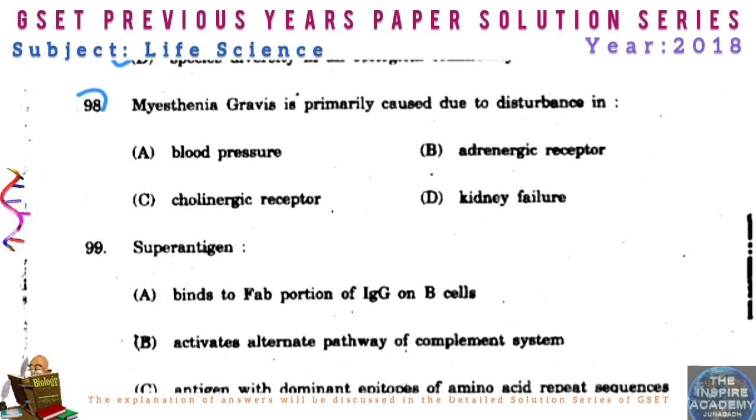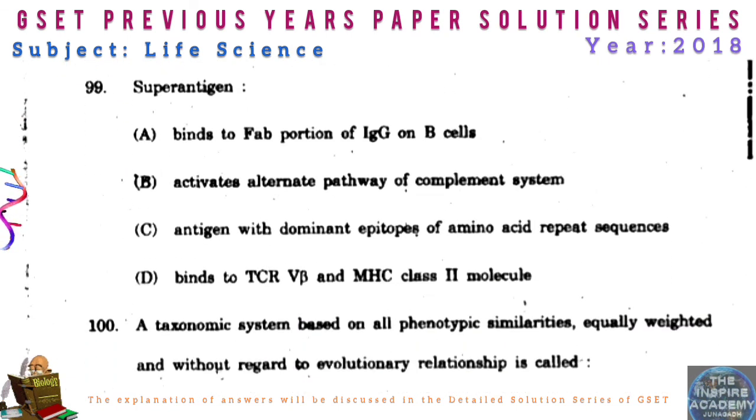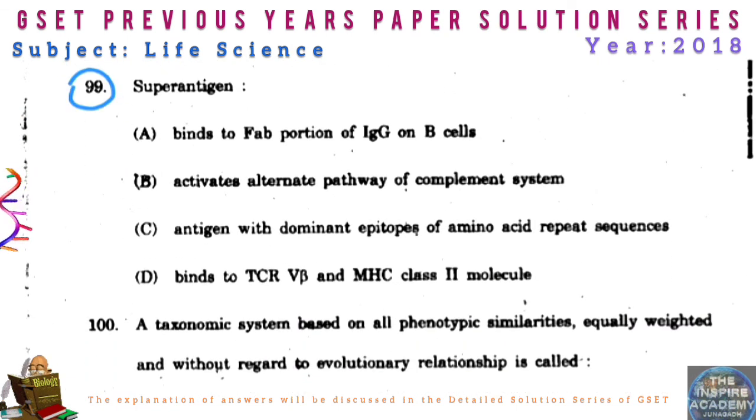Question number 98. Myasthenia gravis is primarily caused due to disturbance in cholinergic receptor. Question number 99. Superantigen binds to TCR V beta and MHC class II molecule.